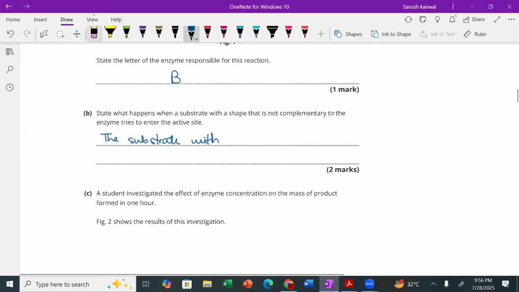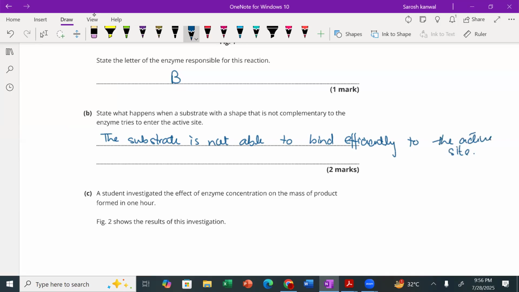So we can say that the substrate is not able to bind efficiently to the active site.